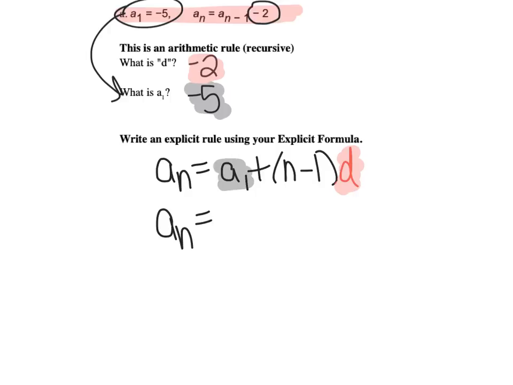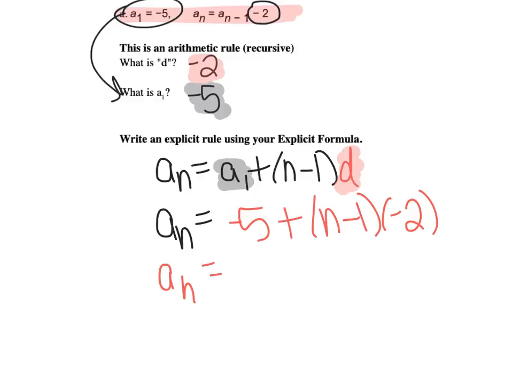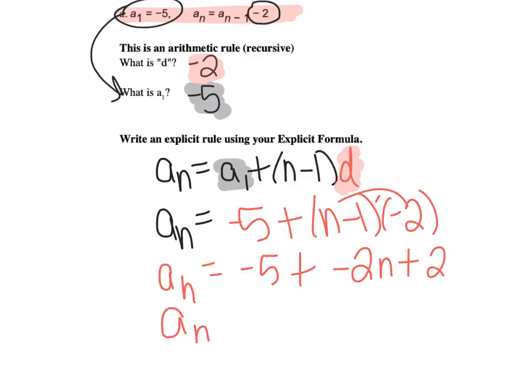We have a sub n equals -5 plus n minus 1 times -2. Then we combine like terms and distribute. So a sub n equals -5 plus, distributing, -2n plus 2. And my explicit rule is going to be -2n minus 3.